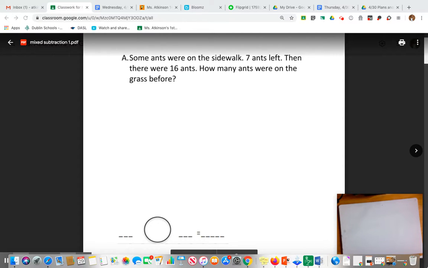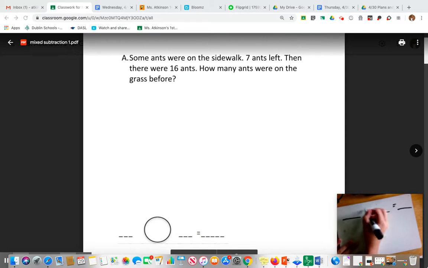So I'm going to reread that to help us figure out our math problem. Some ants were on the sidewalk. So we're not really sure how many ants we were starting with. 7 ants left.